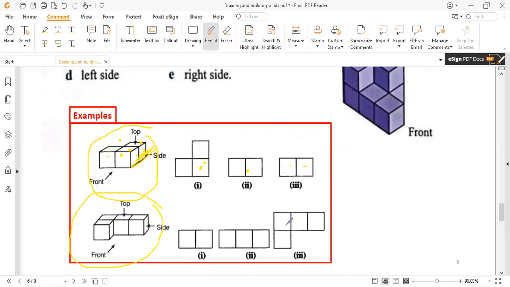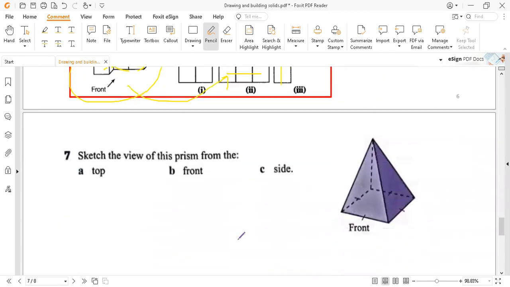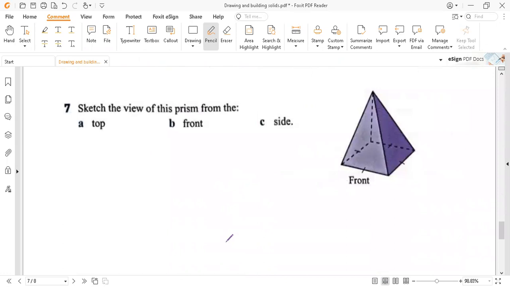If we have the same example, we say the same things. This is from the top. From the side, we can see only this one and this one, without any idea about this empty space. And from the front, we can see this one and this one and this one only, which is the corresponding correct front view. In the same way, we can sketch the view of this prism from the top.